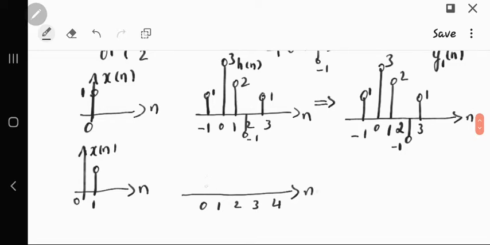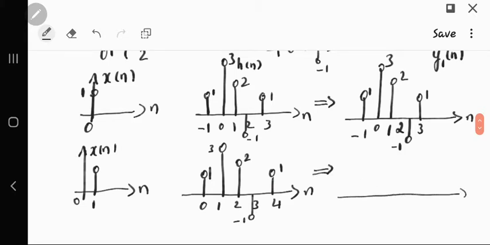Now the amplitude at 0 will be 1, at 1 it will be 3, and at 2 it will be 2, and at 3 the amplitude will be -1, and at 4 the amplitude will be +1. Now multiply the entire h of n with the sample present at x of n. So the signal now starts from 0, 1, 2, 3, 4.